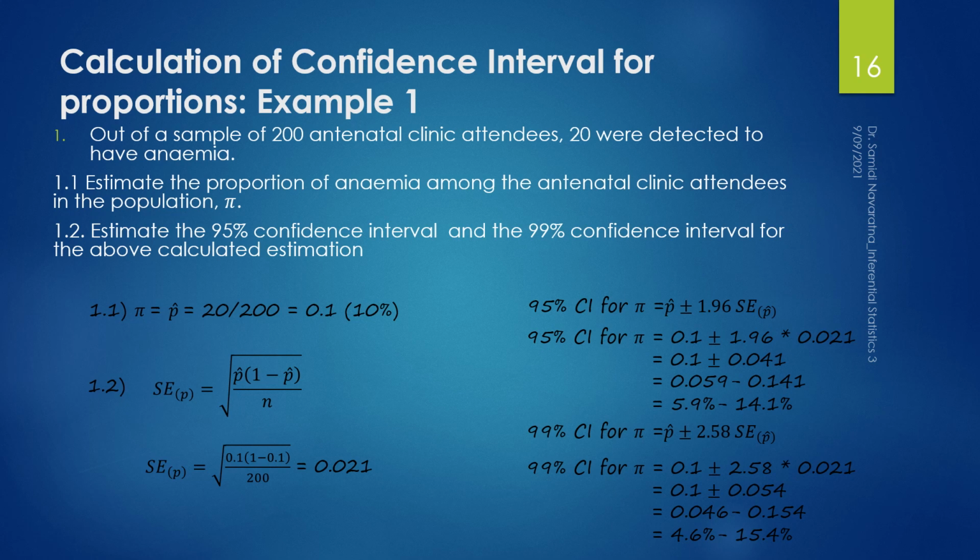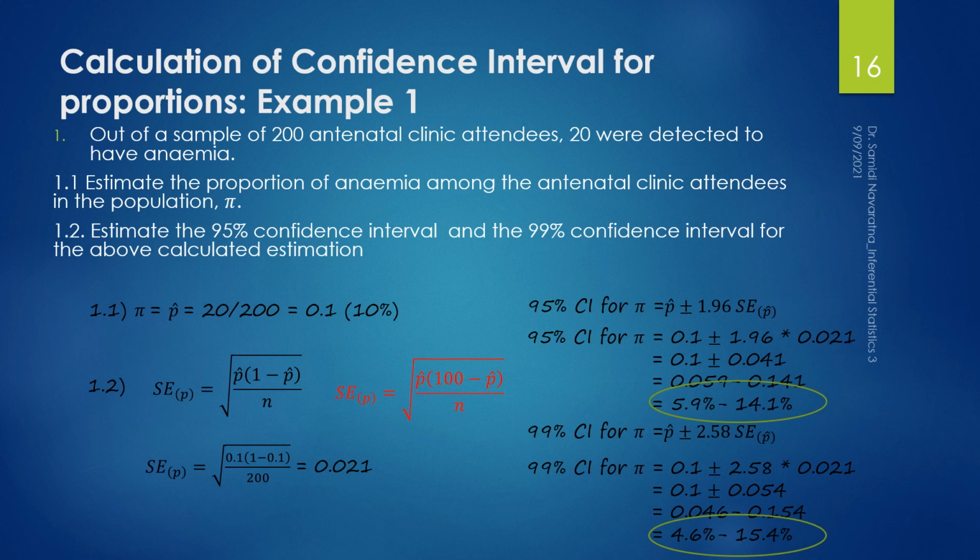So again, we can interpret this as that with 99% confidence, we can state that the proportion of anemia, that is the population proportion of anemia among the antenatal clinic attendees lies between 4.6% and 15.4%. So, if you don't like working with decimals, you can use this equation for calculation of standard error.